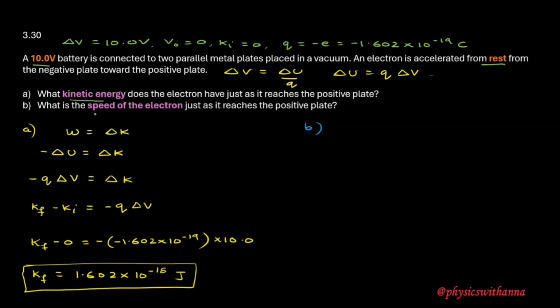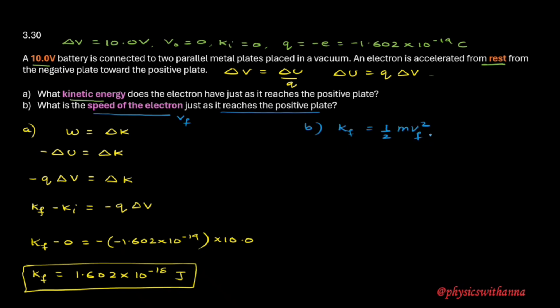In part B, they want us to find what is the speed of the electron as it reaches the positive plate. And this is the final speed of the electron. Since we already have the final kinetic energy, we can find the final speed by using the relationship between them. We know that kinetic energy can be written as half mv squared.